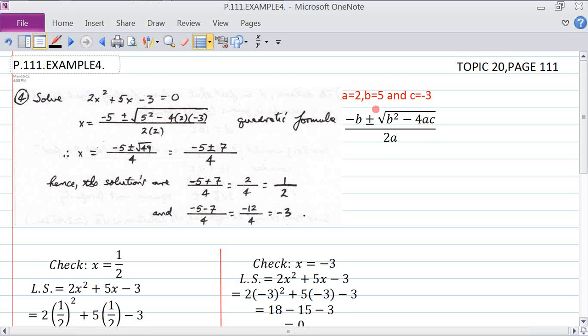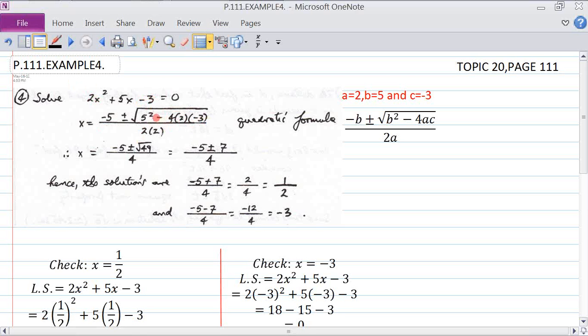Here's the quadratic formula, and in this case, a is the coefficient of x squared, and it's 2. b is the coefficient of x, which is 5, and c is minus 3. So we plug these into this equation, a, b, and c, and we come out with minus b, minus 5, plus or minus the square root of b squared, minus 4 times a, which is 2, and c, which is minus 3.